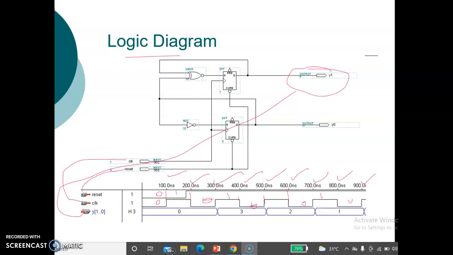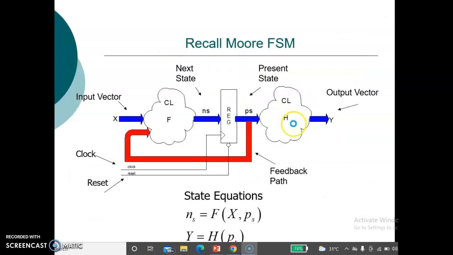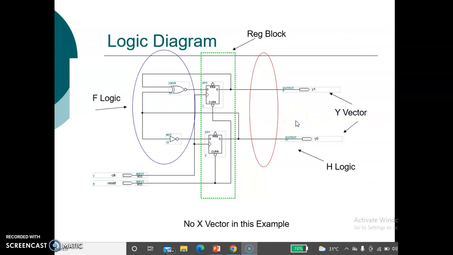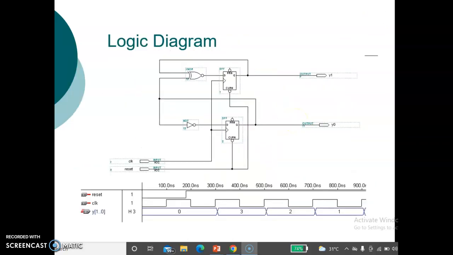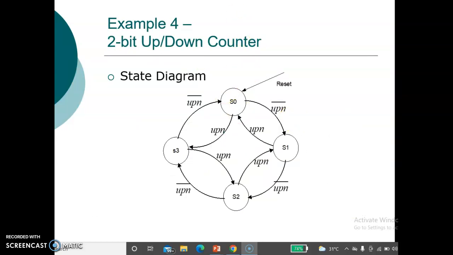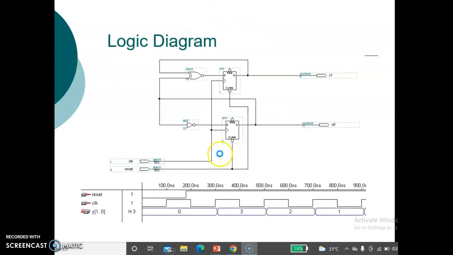this is 0, 3, 2, 1. This is for this counter. Down counter. Okay.